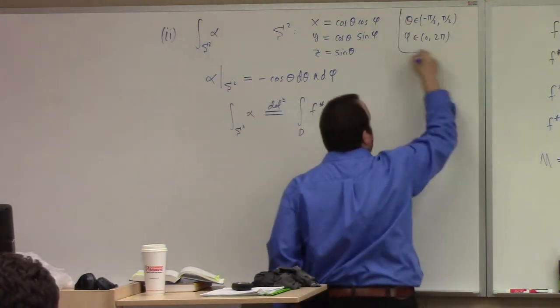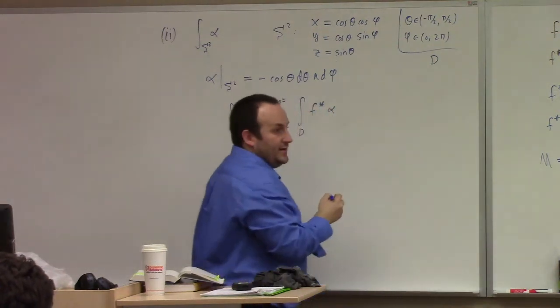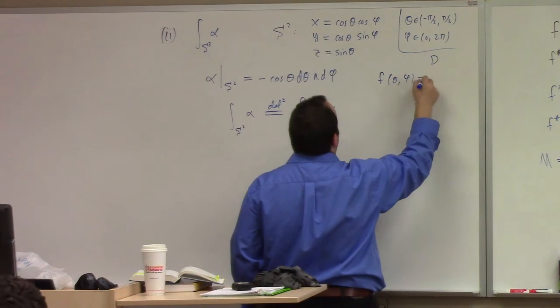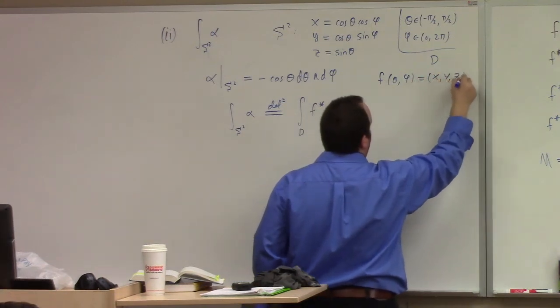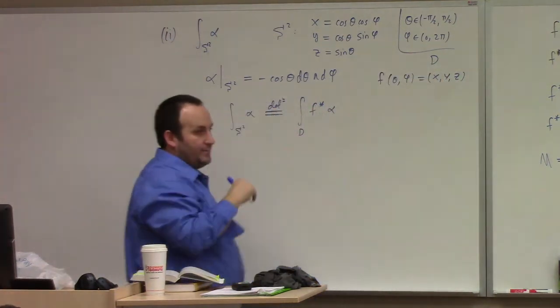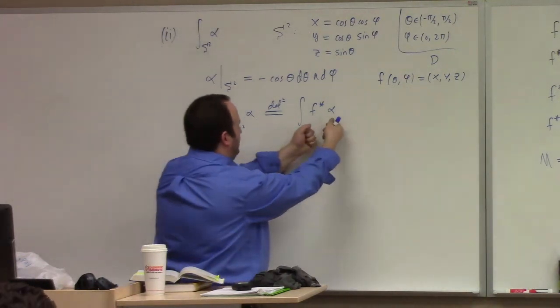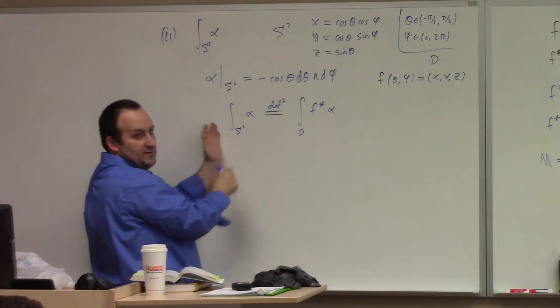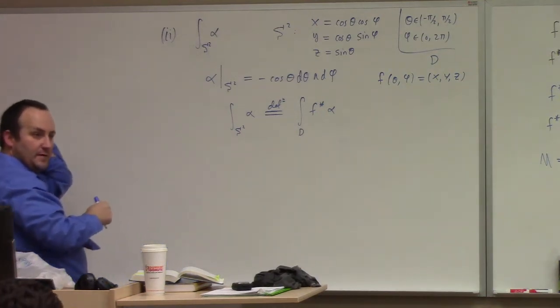So f of theta, phi is equal to that x, y, z up there. The pullback of f under that is how we define the integration of that alpha.